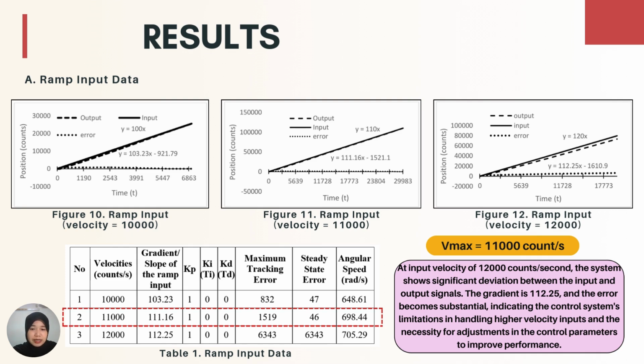The gradient is 112.25 and the error becomes substantial. This indicates the control system limitations in handling higher velocity inputs and the necessity for adjustments in the control parameters to improve the performance. So from this, we know that 11,000 is suitable for our maximum velocity, even though it has slight errors, the errors are not bigger compared to the 12,000 counts per second.